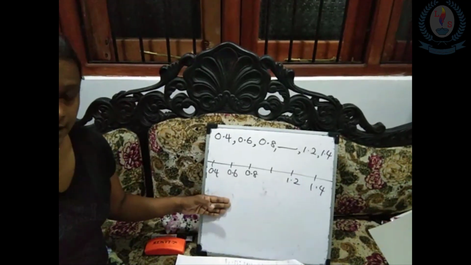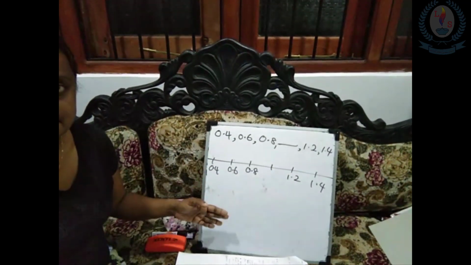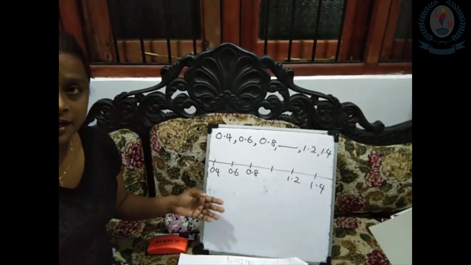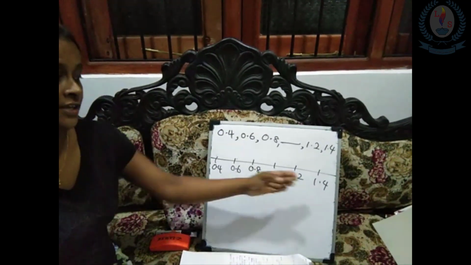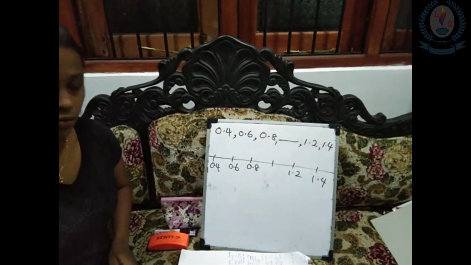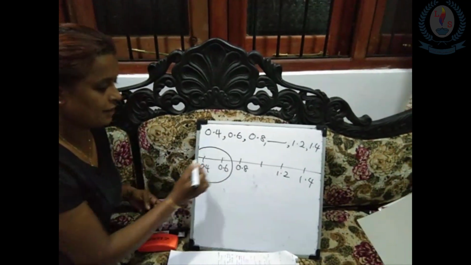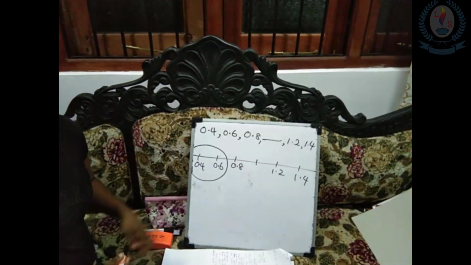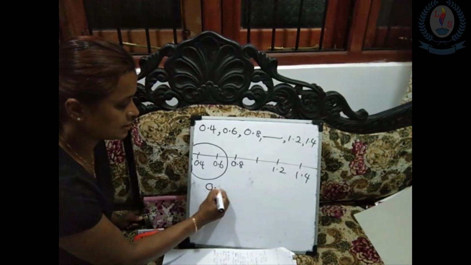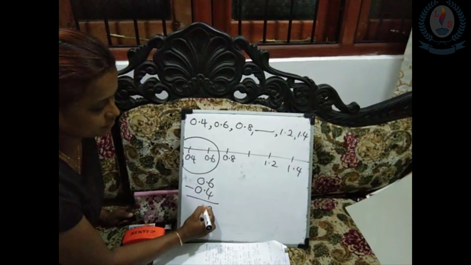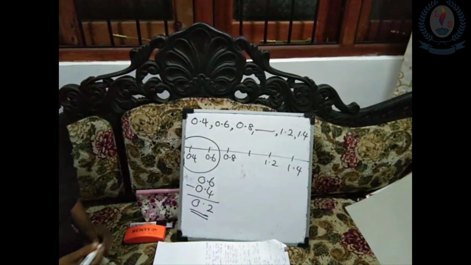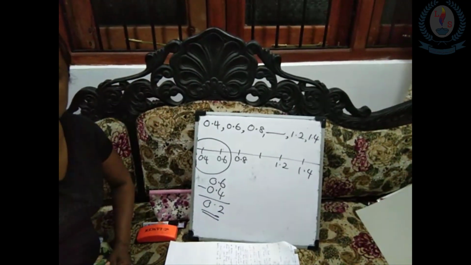To complete this, as the second step, we have to find the difference between each decimal. No need to find one by one. We can go to two closer decimals and find it. So from 0.6 we can subtract 0.4. The difference is 0.2.